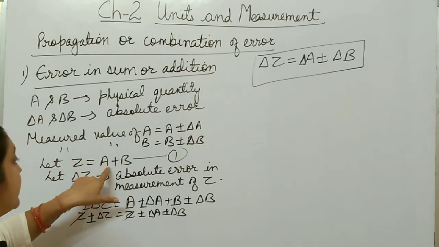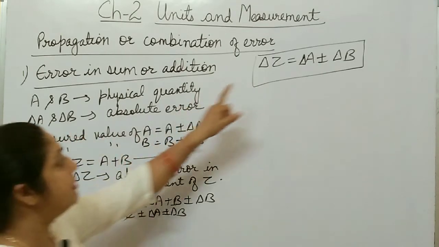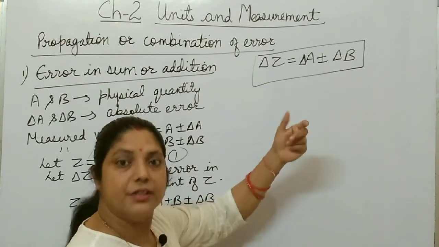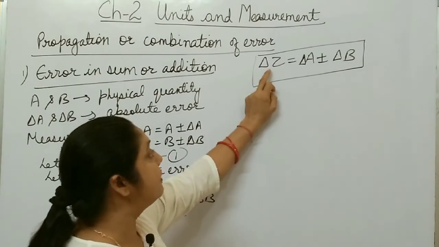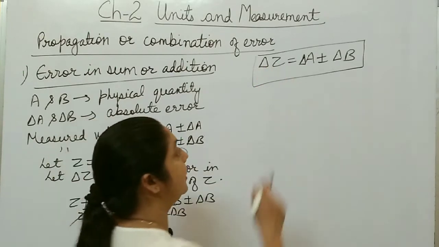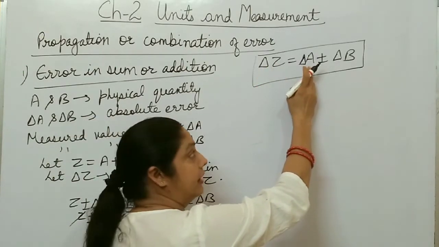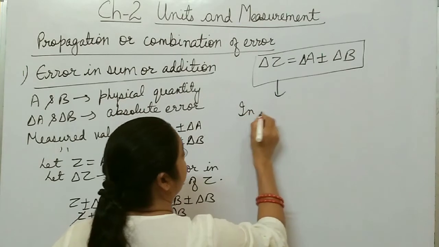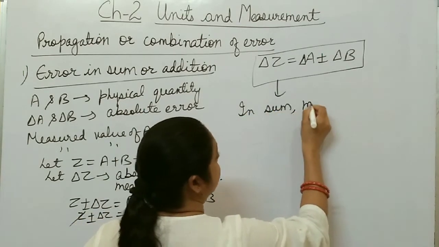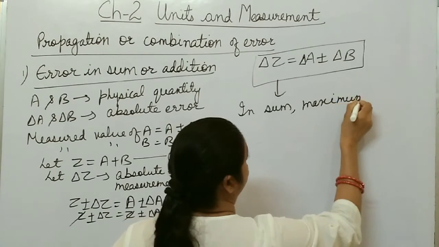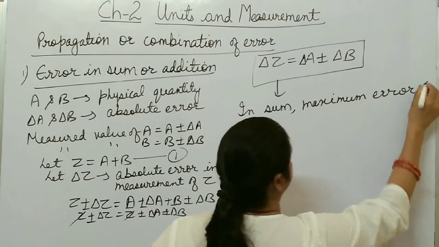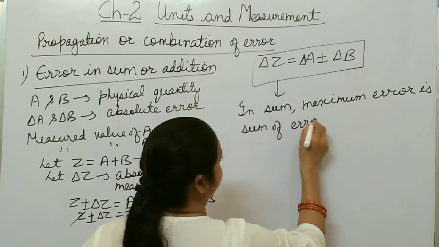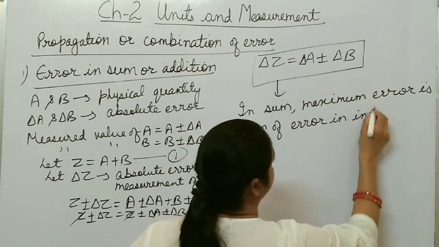When you add these two physical quantities A and B, the maximum possible error is delta Z. Either it is added in the final result or it is subtracted, but the maximum possible error is delta Z, and it is equal to the absolute error in A plus the absolute error in B. So in addition or sum, the maximum error is the sum of errors in the individual measurements.